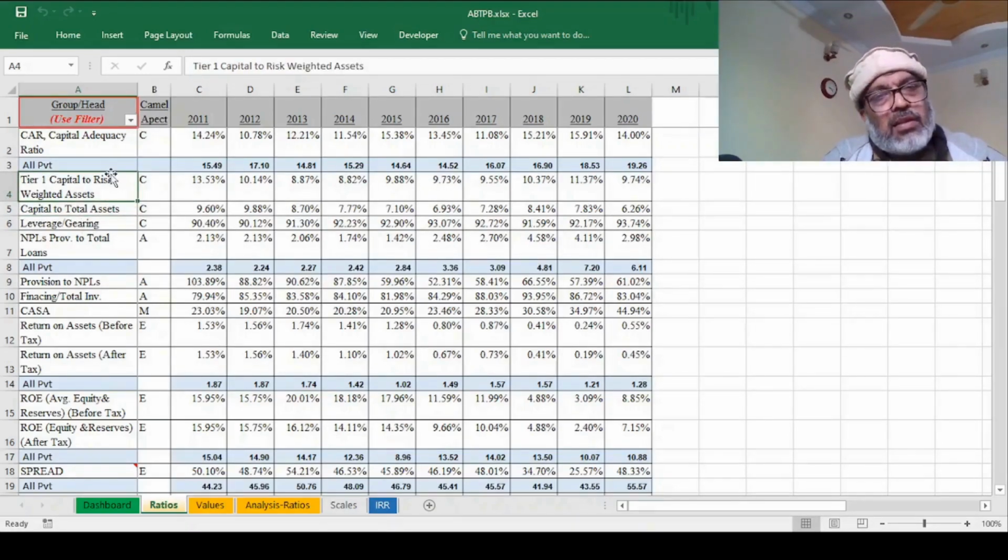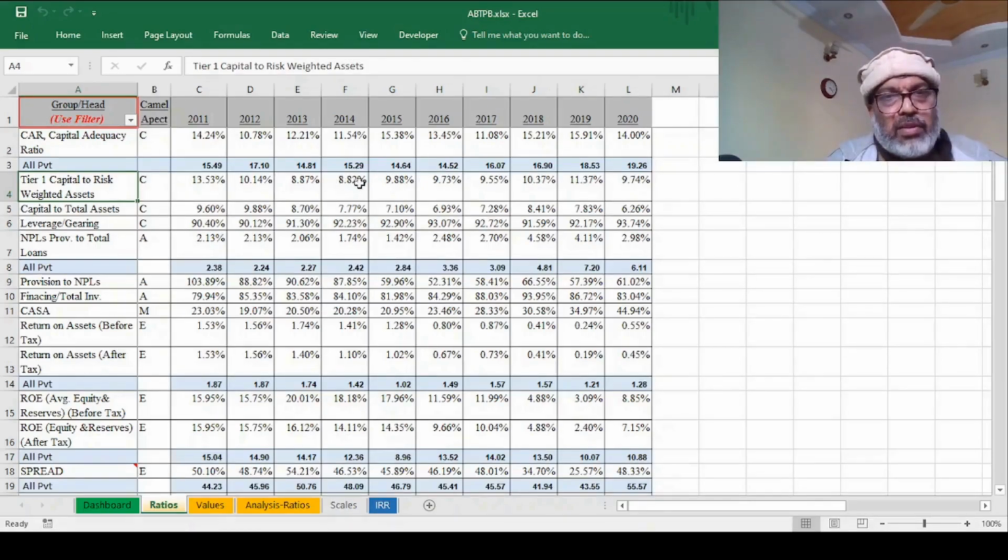Risk weighted assets are the assets which are adjusted for the non-performing loans, according to their collectibility. For example, if there is a 100,000 loan and there is a 10% risk of its going insolvent, then we will take 90,000 as a risk-weighted asset.